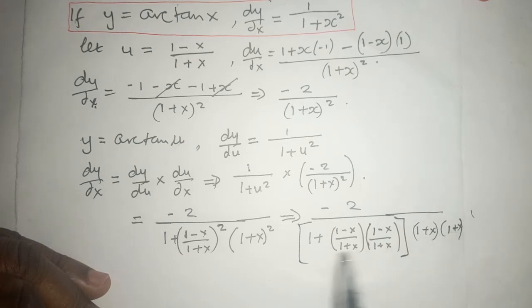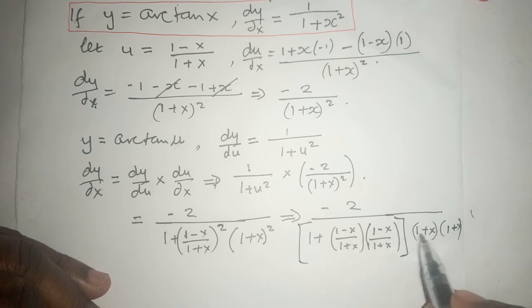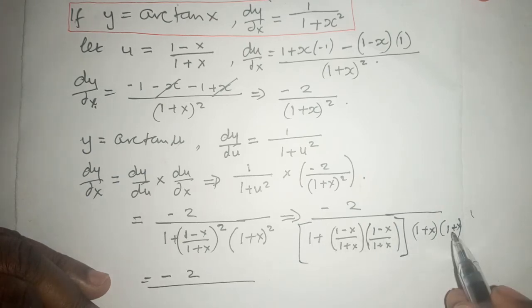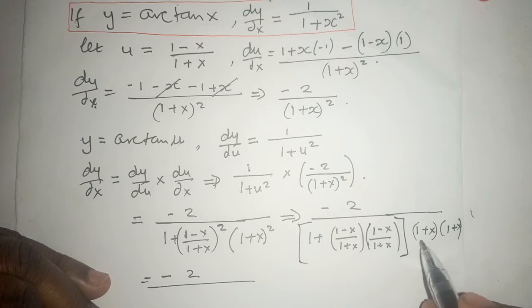And it goes without saying that if this is (1 plus x) squared, opening the bracket at the denominator we have minus 2 all over 1 times this, because (1 plus x) squared affects each term in this bracket.